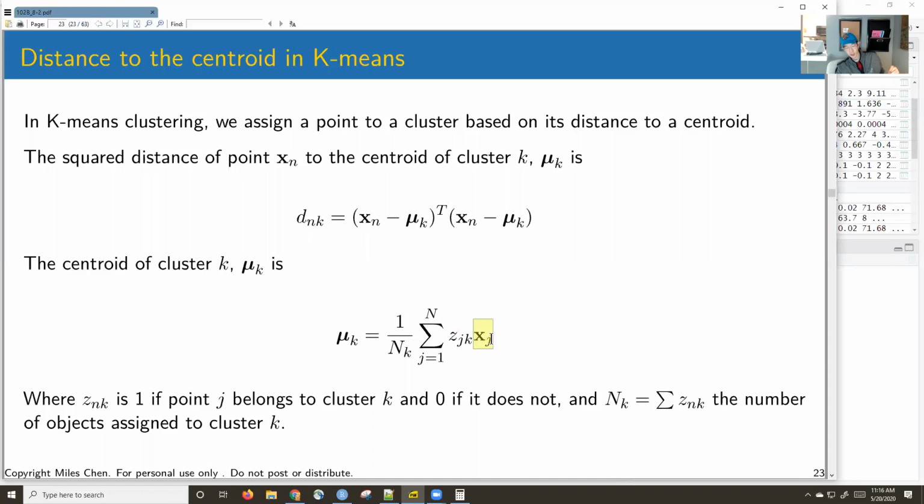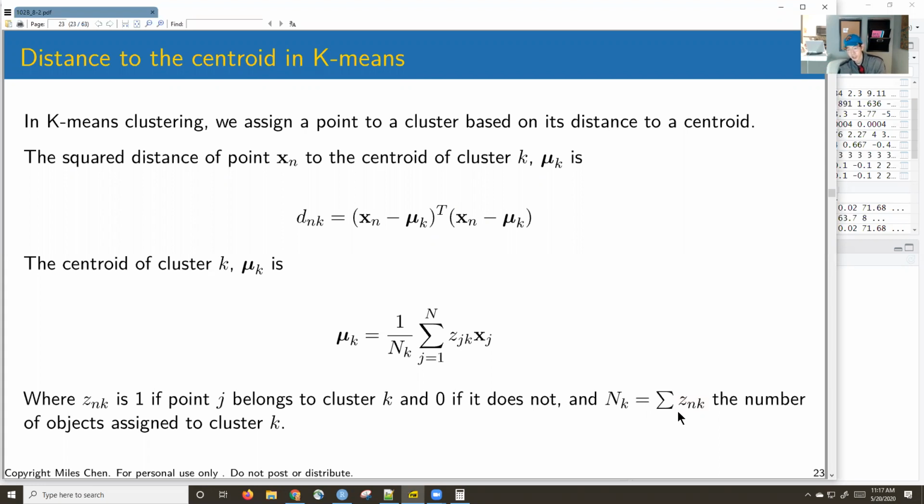So we're adding up the x's that belong to cluster K. When x sub j does not belong to cluster K, this quantity is 0. So these get zeroed out, and they will not be contributing to the sum in mu sub k. We add up all of the x values that belong to cluster K, and we divide by nk, which is just the sum of the zk's, how many points belong to the cluster, okay?